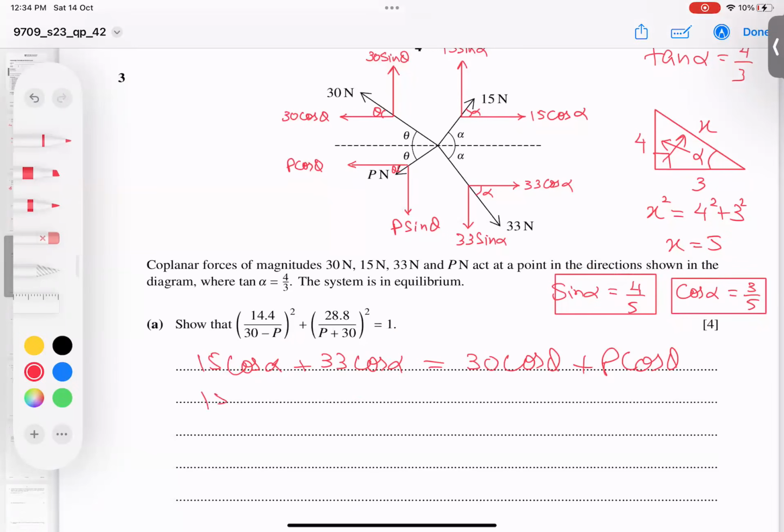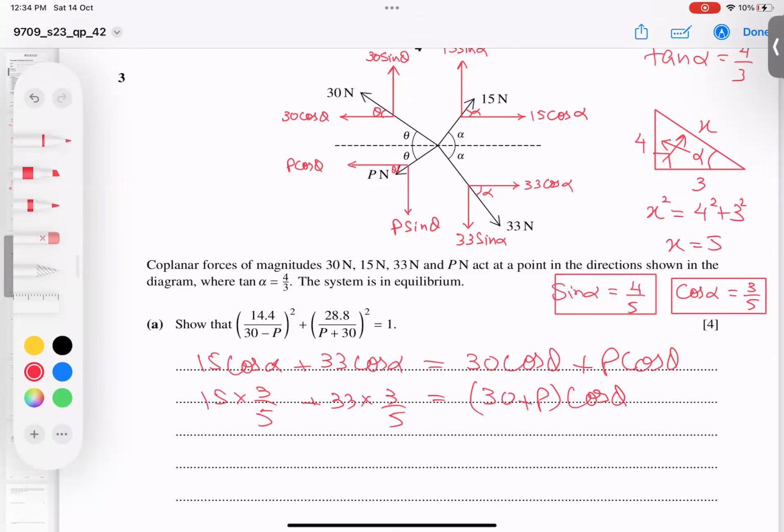So 15 times 3 over 5, and 33 times 3 over 5. And here I take only cos theta common, so I get 30 plus P, times cos theta.